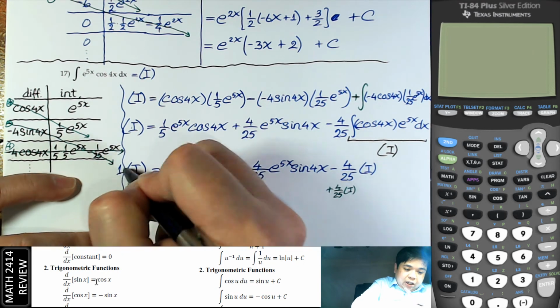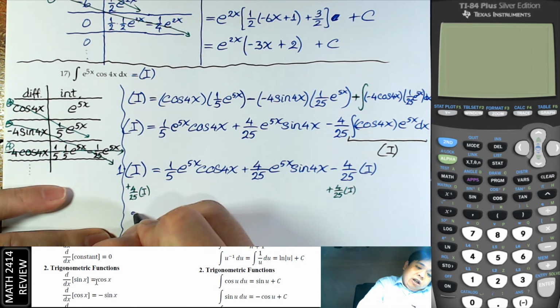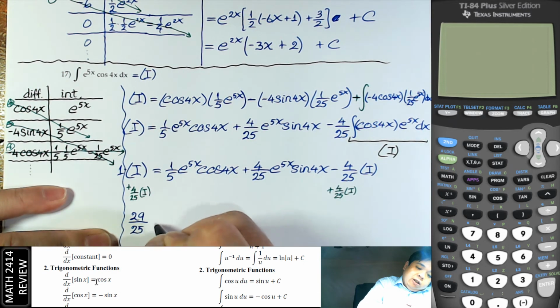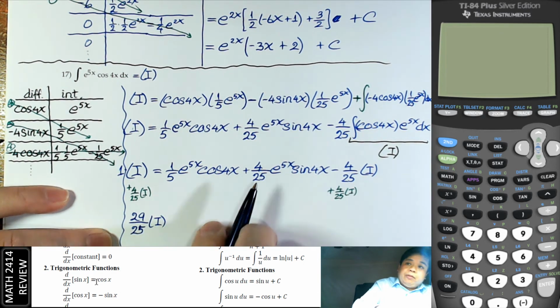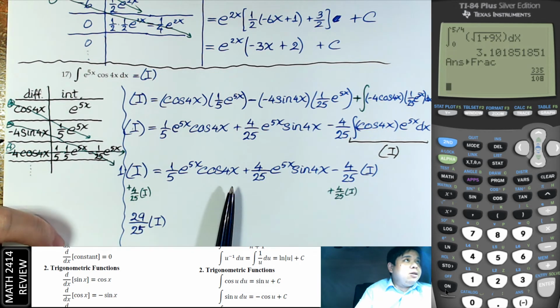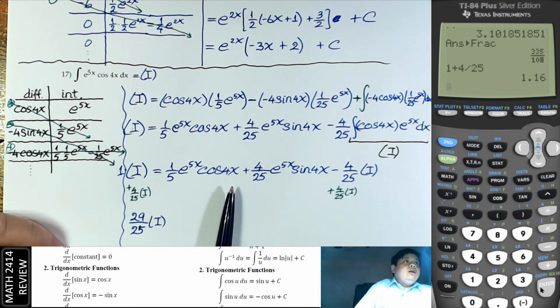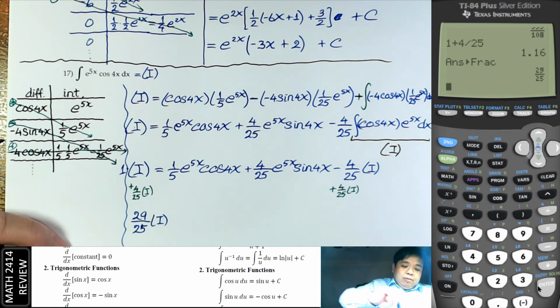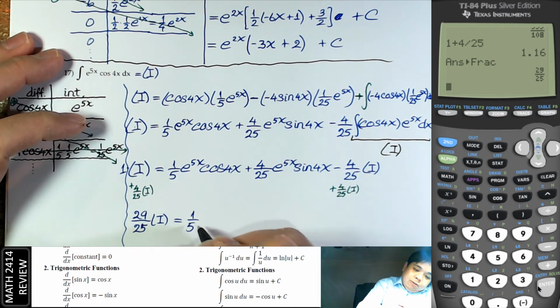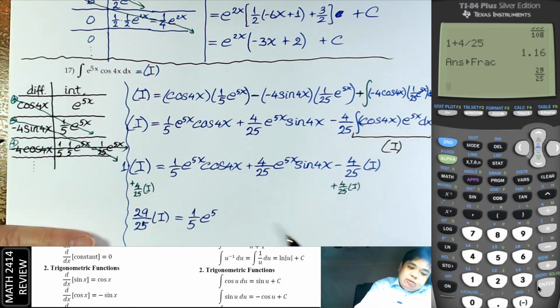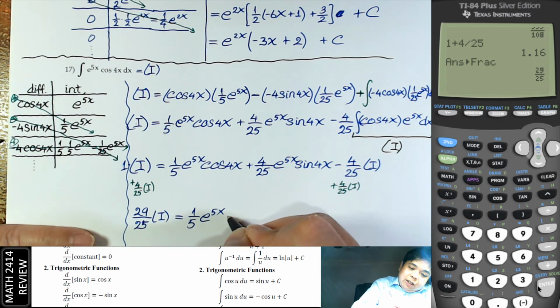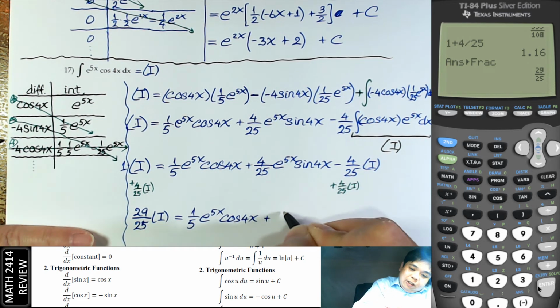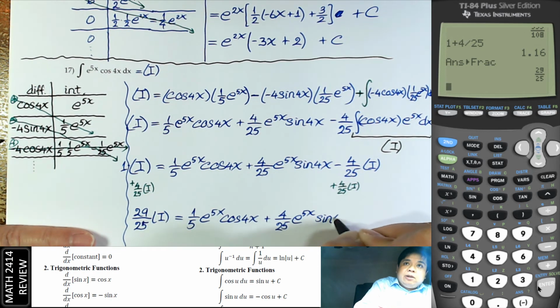We have 1I plus 4 over 25, so that is 29 over 25 I. So 1/5 e to the 5x cosine 4x plus 4 over 25 e to the 5x sine of 4x.